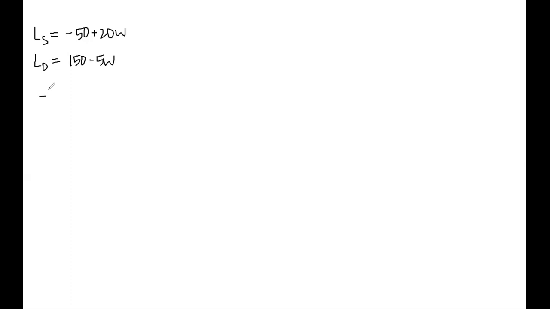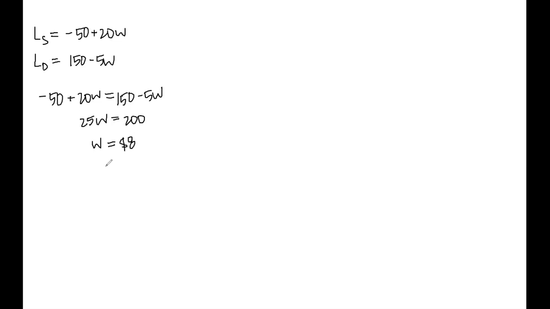So, -50 plus 20W equals 150 minus 5W. So then adding 5W to both sides, we get 25W on the left. And adding 50 to both sides, we get 200 on the right. And then dividing by 25, we get an equilibrium wage of $8.